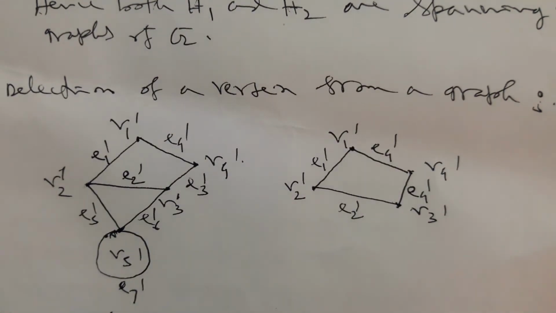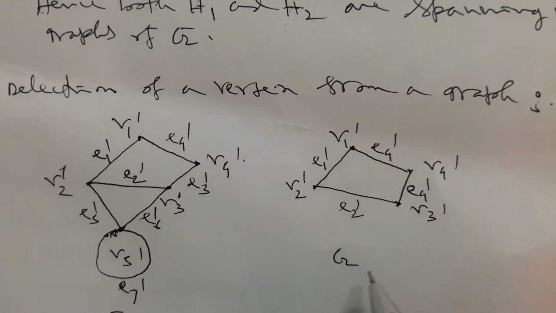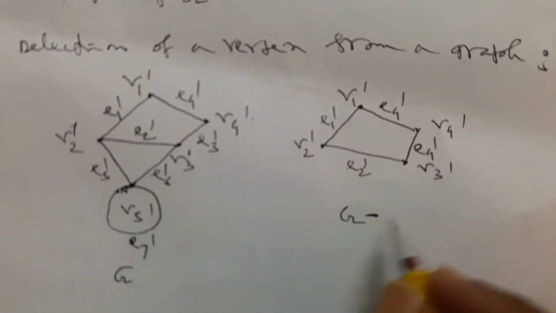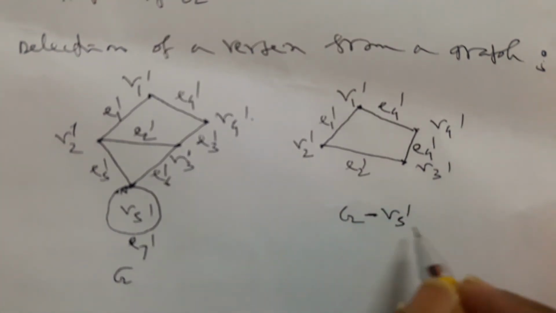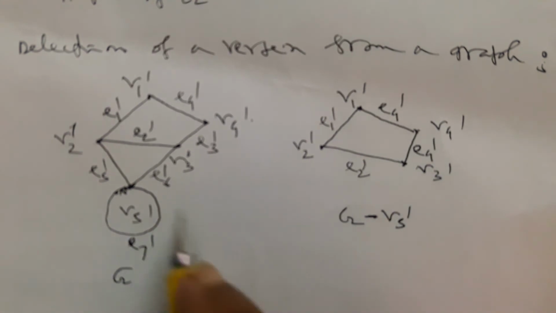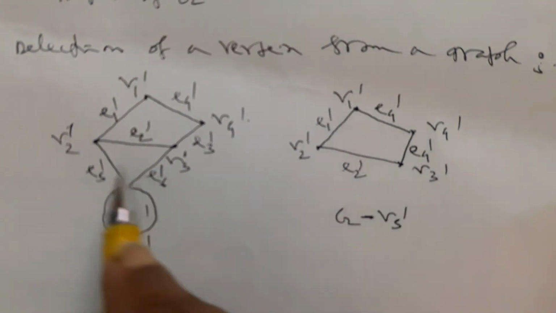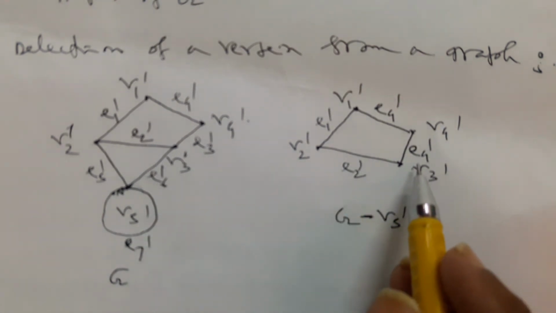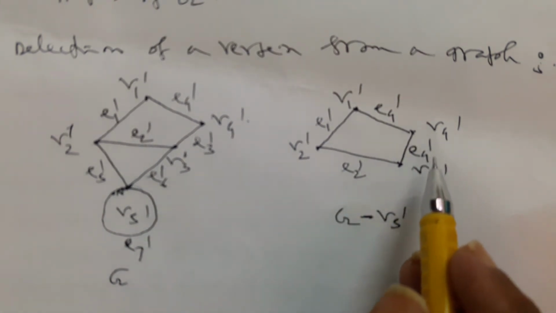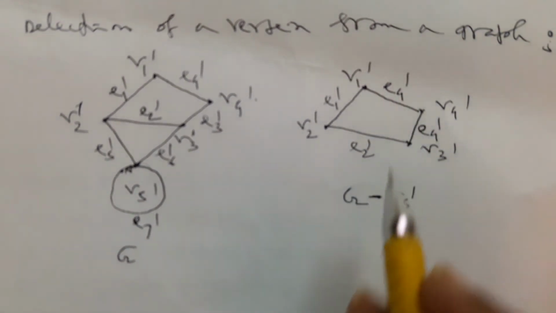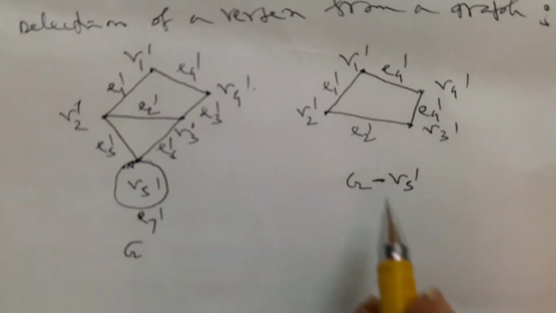This is graph G, and this is graph G minus the deletion of v5 dash. It is clear, if we delete this vertex, all its edges are automatically deleted, and these two. So we finally get this figure. This is the concept of deletion of a vertex from a graph, and here it is a subgraph.